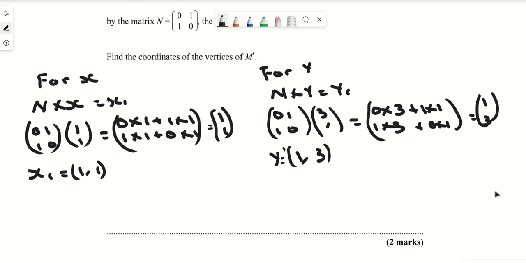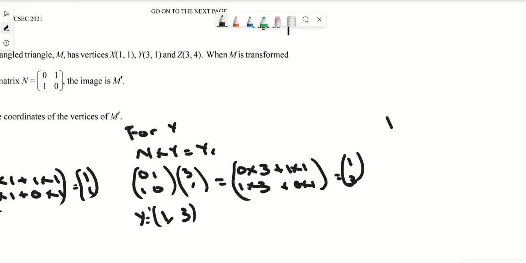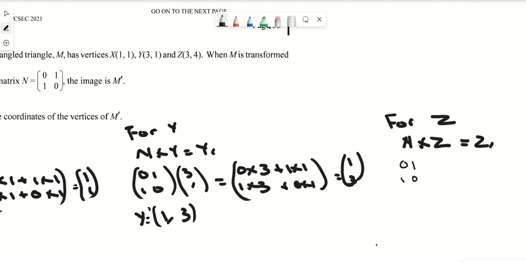And then let's do Z. For Z it's the same thing. N multiplied by Z is equals to Z1, right? It's 0, 1, 1, 0 multiplied by what is Z? 3, 4.